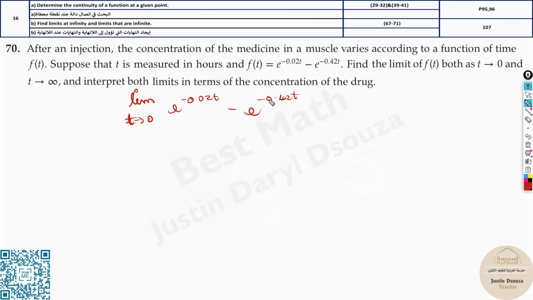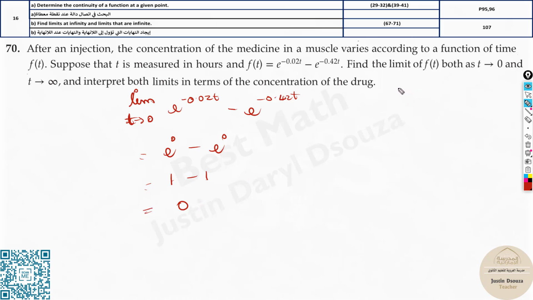Otherwise, if it's infinity, what you do is you have to take it down because it's minus, right? I'll write that in a while. Let's just solve this for now. So all you do is substitute t as 0. So it's going to be e to the power 0, everything becomes 0 here, minus, again over here, e to the power 0. So e to the power 0 is 1, minus 1. So answer is 0. That's it.